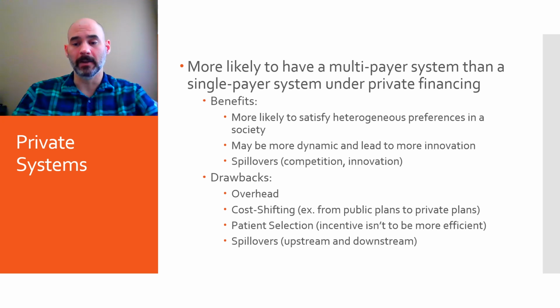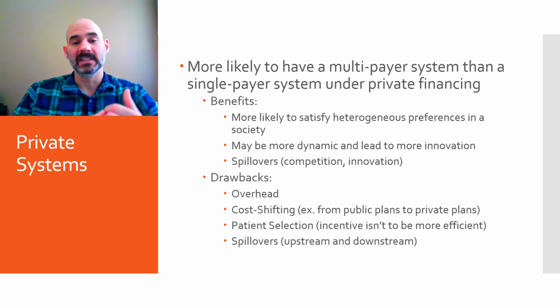I think there are some pretty clear potential benefits of having a multi-payer system, where, like we have for the most part in the U.S. healthcare economy, we have our Blue Cross Blue Shield, our Aetna, our different health insurance companies.